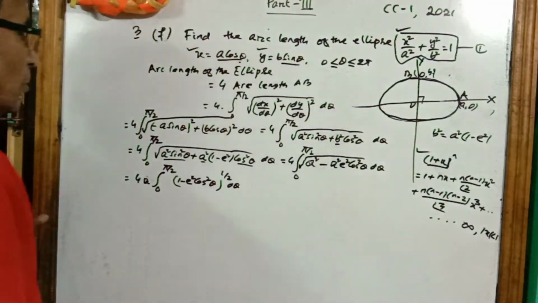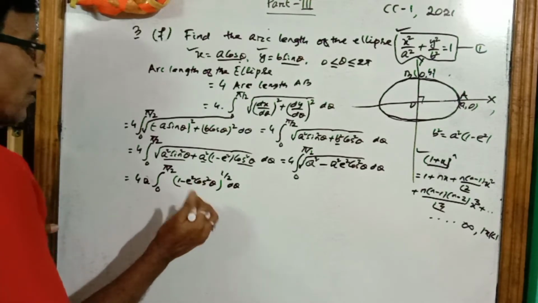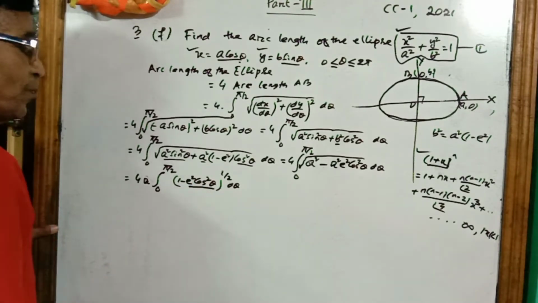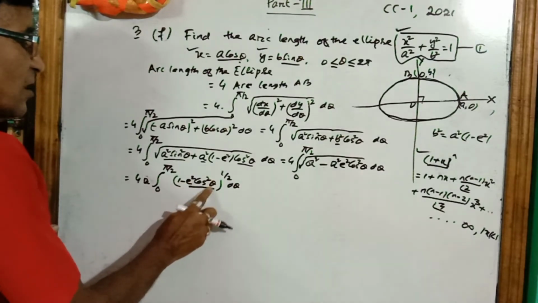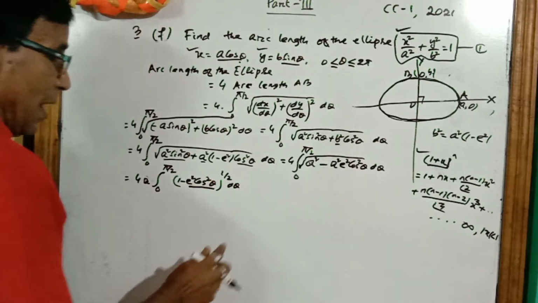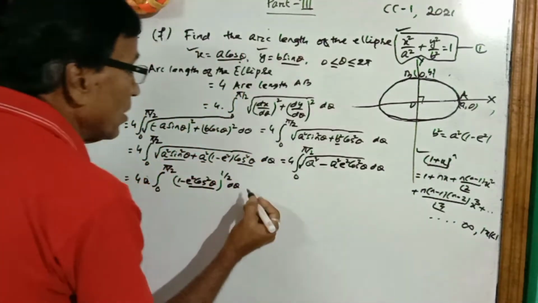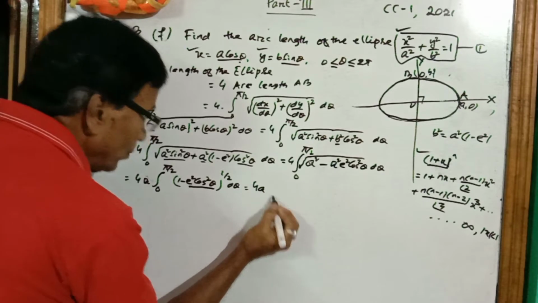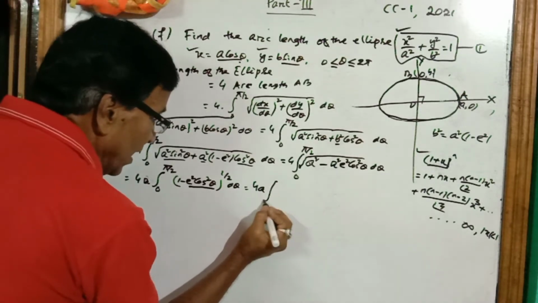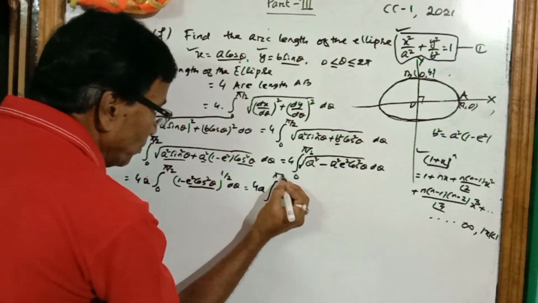Now we will find out the expansion taking this to be x. If we take x equal to e square cos square theta, then (1 minus e square cos square theta) whole to the power half, according to this binomial expansion, will be 4a integration 0 to pi by 2.